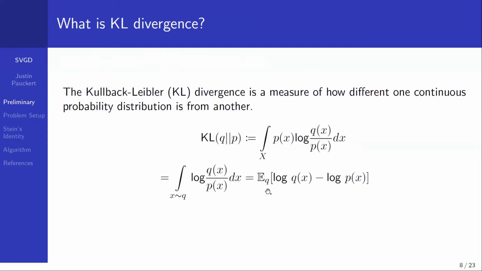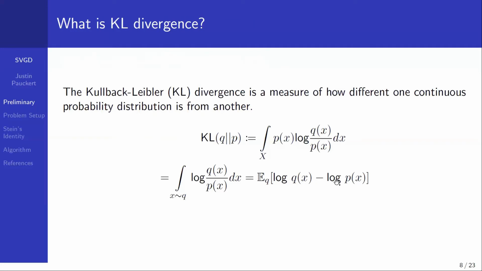Now about the KL divergence, why does it make sense to think about it as a measurement of how different two distributions are? Most obviously, if you would just plug in Q and Q, it shouldn't be large because Q is very similar to Q, and it's going to end up 0.